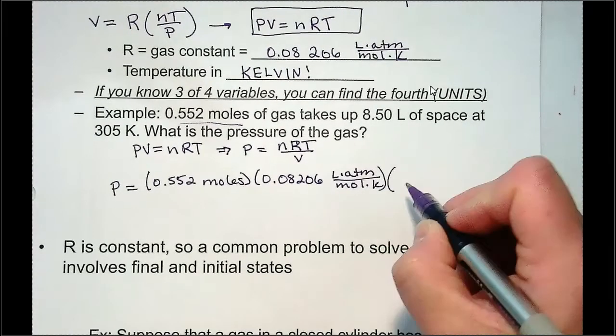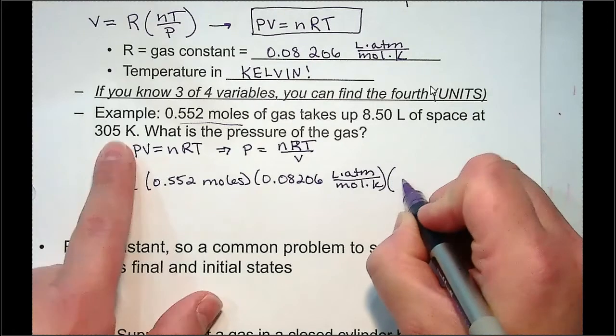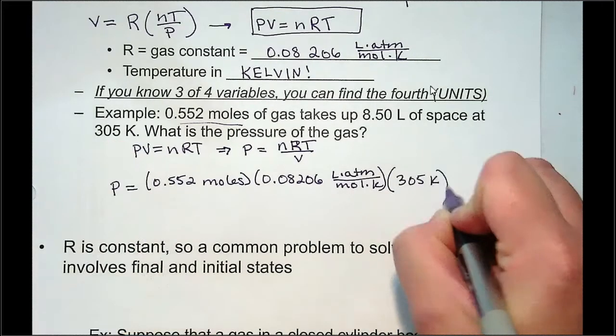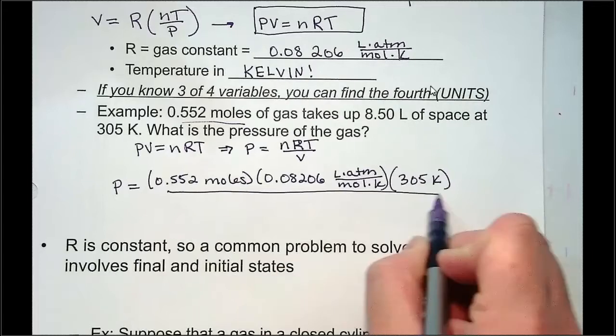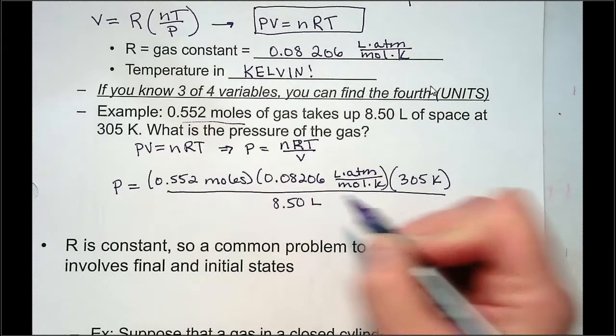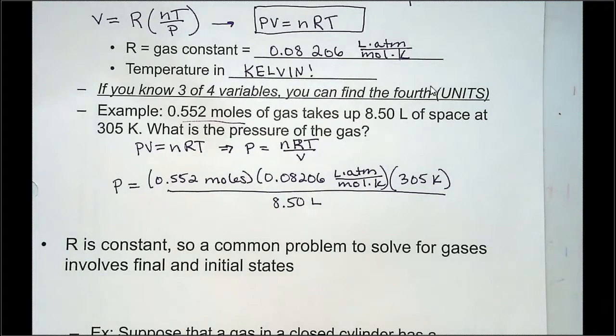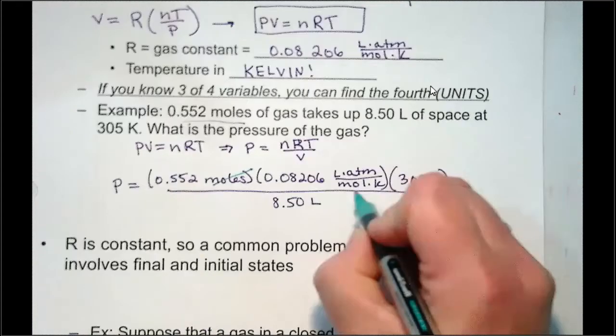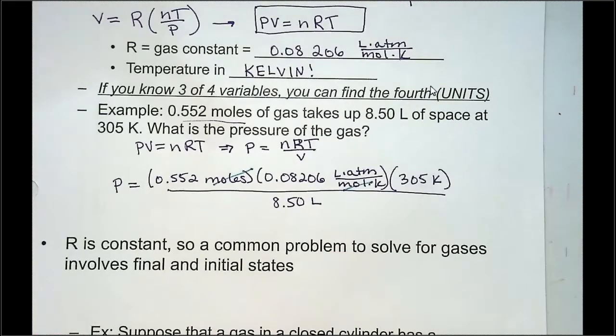Okay, and the temperature is 305 Kelvin. And we're going to divide that by the volume, 8.50 liters. Notice how all of these numbers were already with the correct units, and I'll show you how we cancel them out. So, moles up here cancels moles in the denominator of our conversion factor.